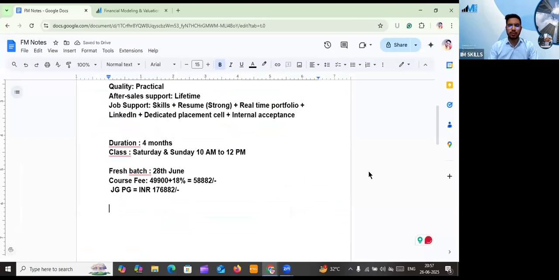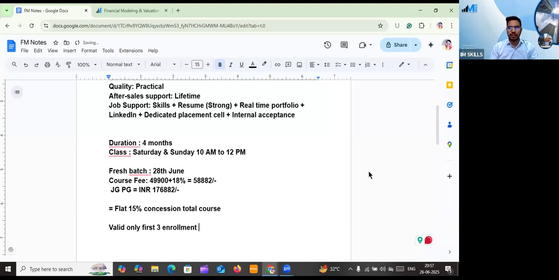Now, as I promised you at the start of the session, there is a surprise. That surprise is in the course fee part. Those who have attended this demo session, if they enroll today for the upcoming batch, will get a flat 15% concession on the total course fees. This concession is valid only for the first 3 enrollments, not for everyone.